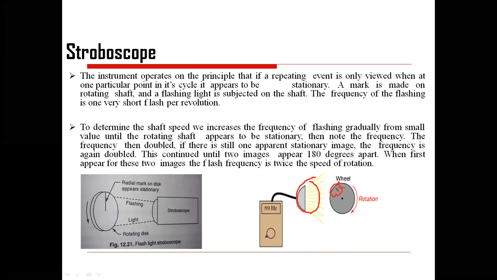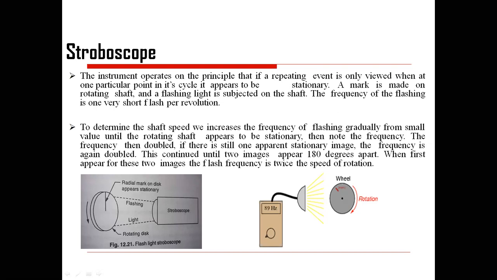If you flash continuously, this one is observed as a stationary one. Why is this so? Because the frequency of the rotating speed and the flashing light have been matched.